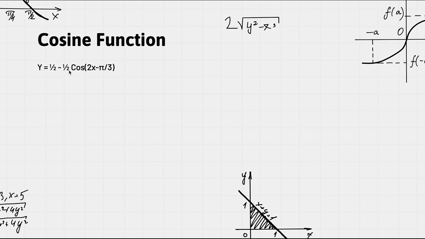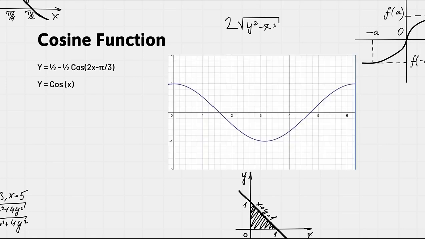Our starting equation is 1/2 minus 1/2 cosine of 2 times x minus pi over 3. So we're going to go through this and kind of break it down. We're going to start with just a regular cosine function. We have our period of 2 pi here. And then the first thing we're going to do is a phase shift.